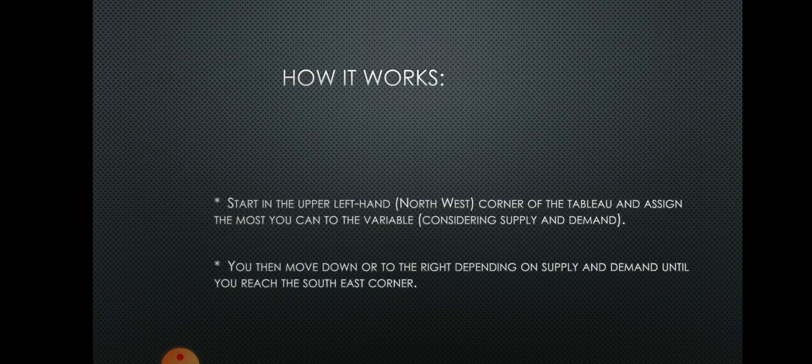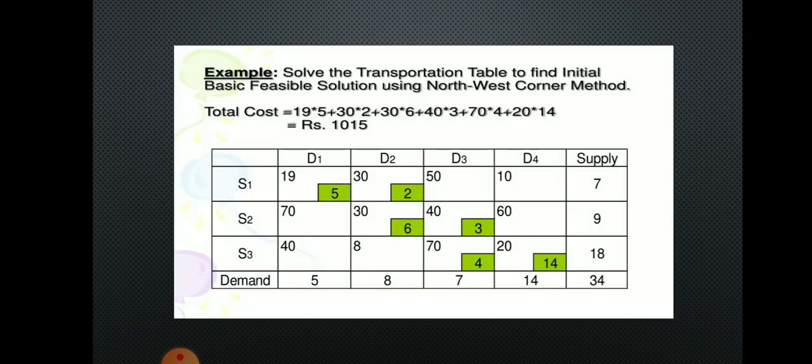It starts from the upper left hand corner of the table, and we assign the minimum value and strike the minimum value row or column. And we move down to the right side depending on the supply and demand until we reach the southeast corner. And a small example problem.